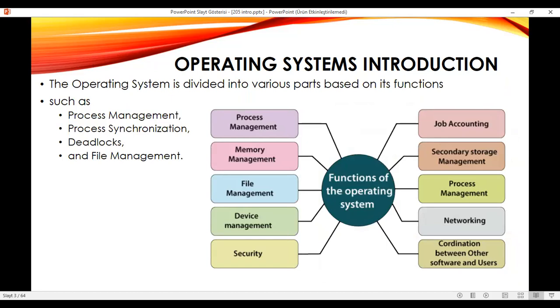Okay, operating systems have several functions. One second, by the way.